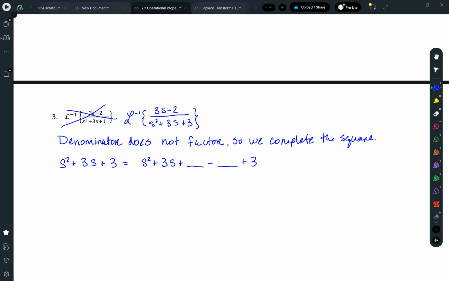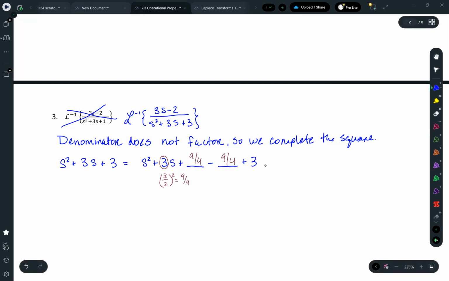So I'm going to add and take away the plus c term that I need. To figure out what we need to add and take away, we look at the b coefficient, which is 3. We take 3 divided by 2 and square it. That is 9/4. So we're going to add in a 9/4 and take away a 9/4, and then we simplify that.